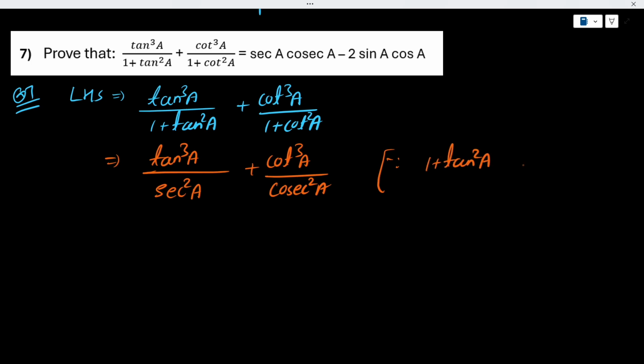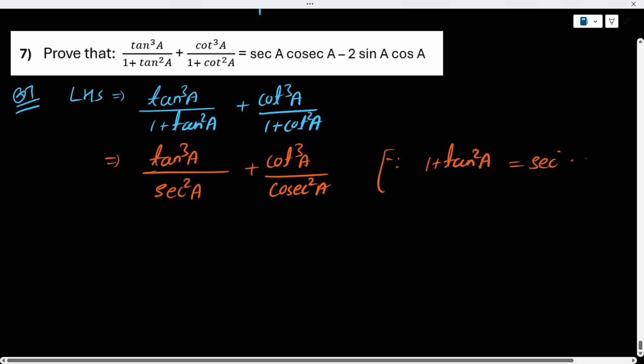You can convert everything into sine and cos also, and you can do it. Theta can be any angle, right?